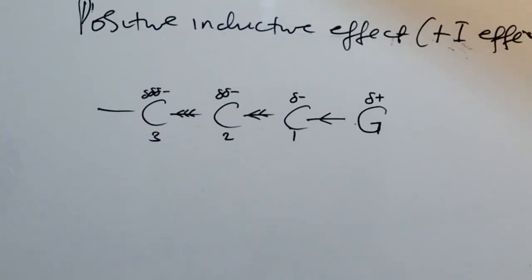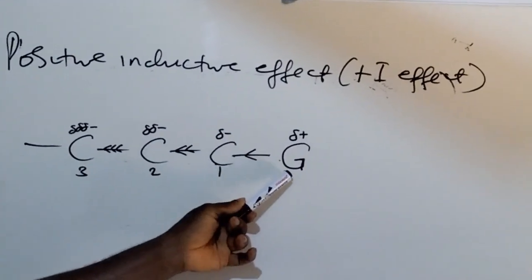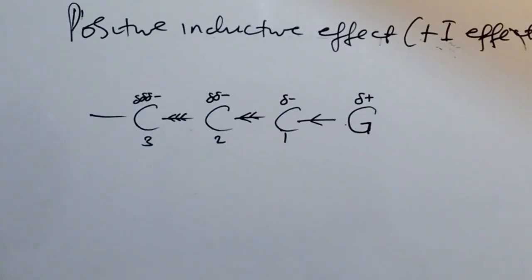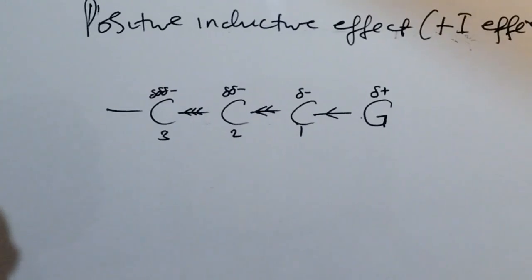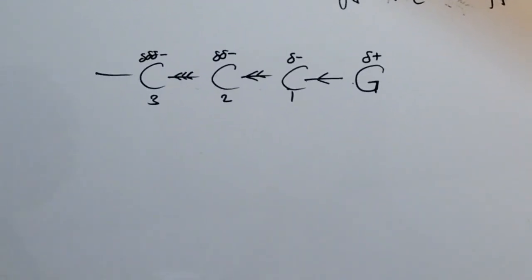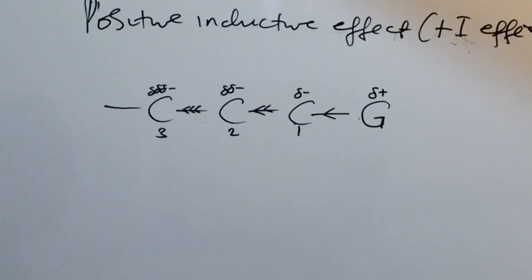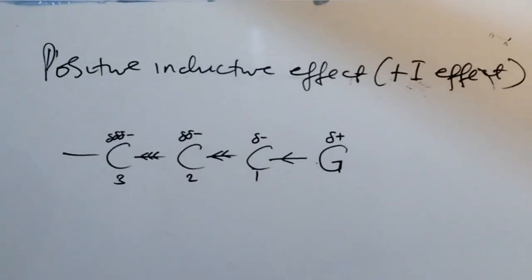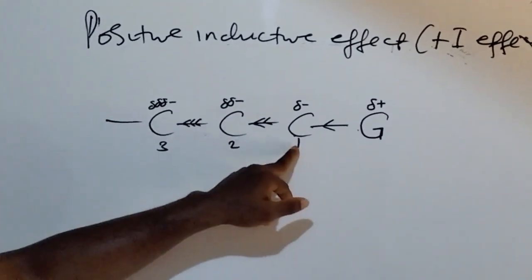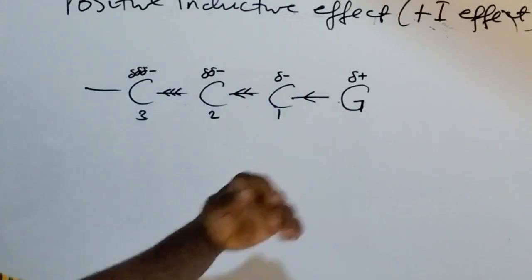Any group or atom involved in this situation is said to have an electron donating or electron releasing effect. The ones we stated previously, like the halogens and the nitro group, have a negative inductive effect because they are more electronegative than carbon and pull electrons away from it. But here carbon has the upper hand and wins by pulling the electron closer to itself, while this one appears to be losing.